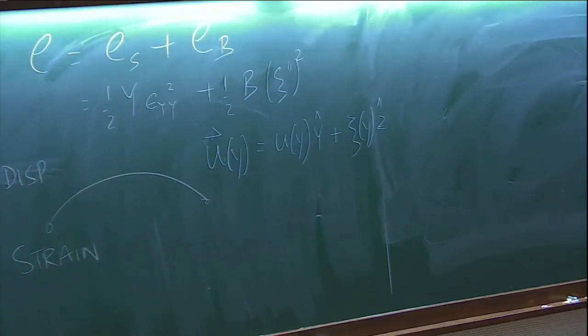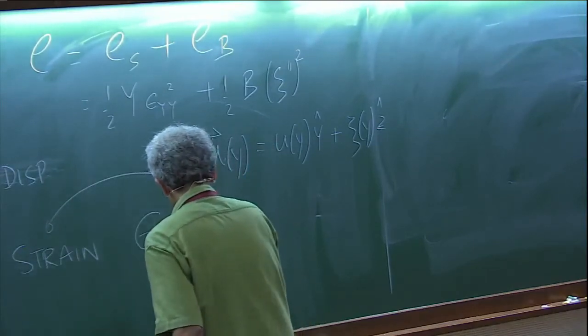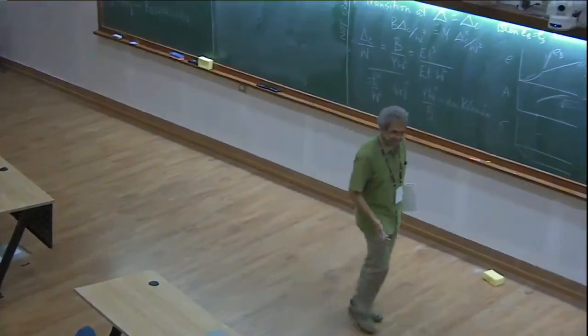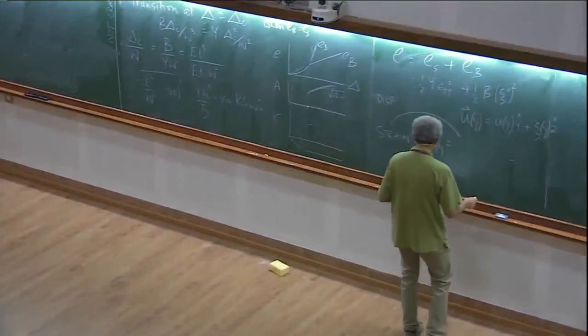Can you tell me what I should get for epsilon_yy? So d_i u_j plus d_j u_i plus d_i u_k plus d_j u_k. So there's only derivatives with respect to y that are left. Thank you, exactly.